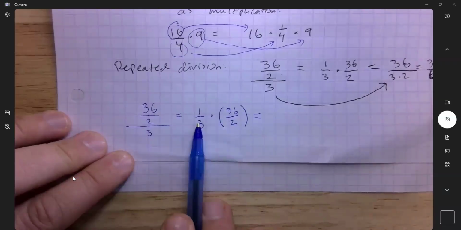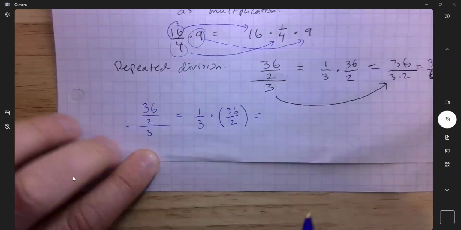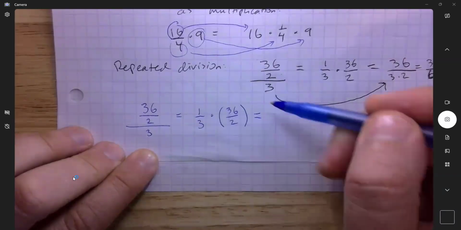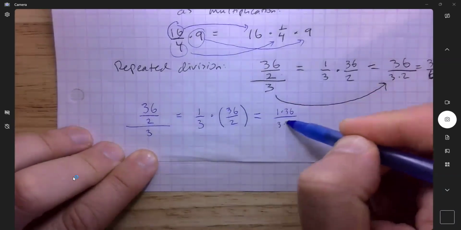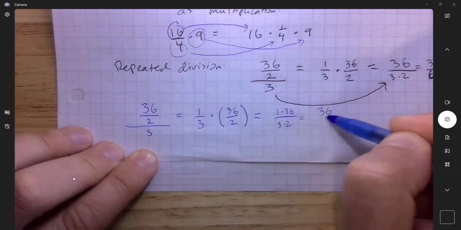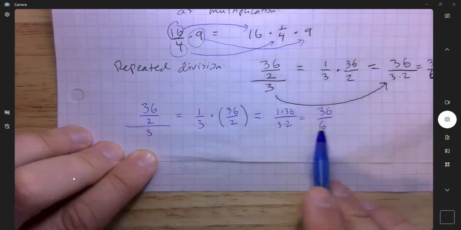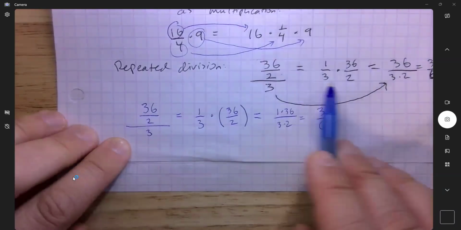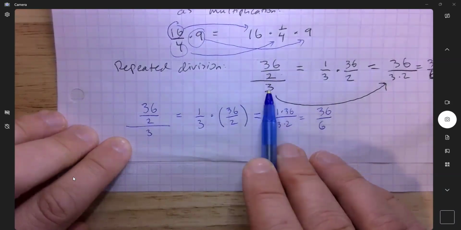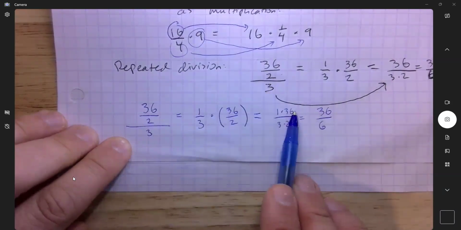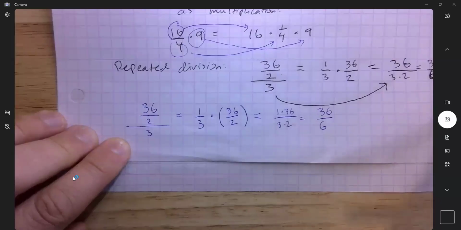I have a multiplication by a fraction times that other division. And when you multiply fractions, you just multiply the numerators and you multiply the denominators, and you get 36 over 6. That divide by 2, divide again by 3 becomes divide by 2 times 3, or divide by 6.